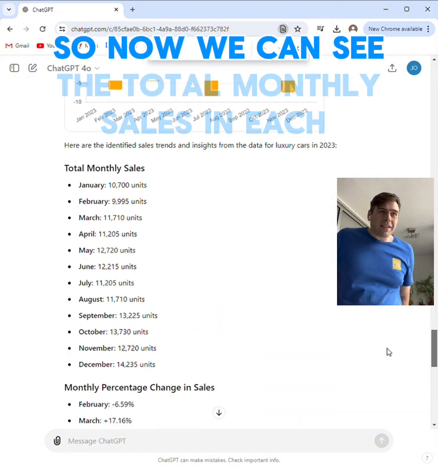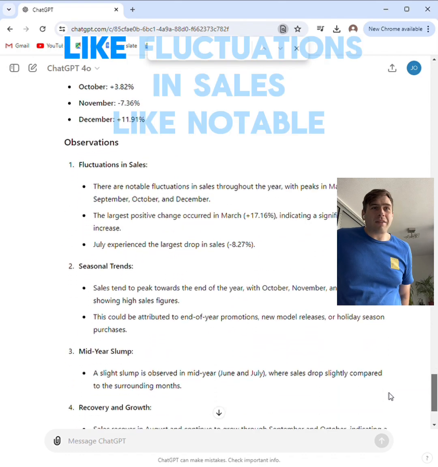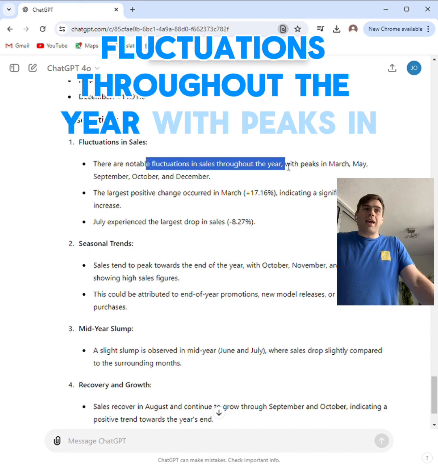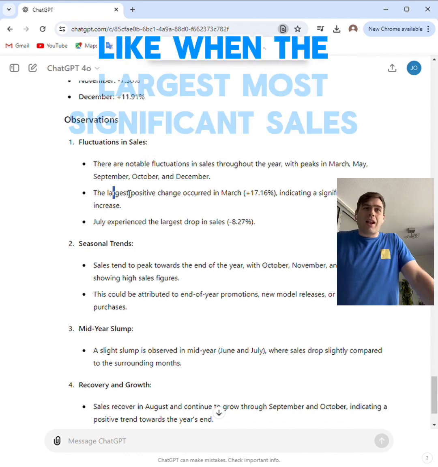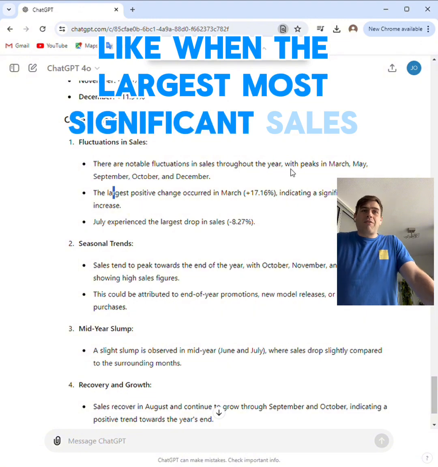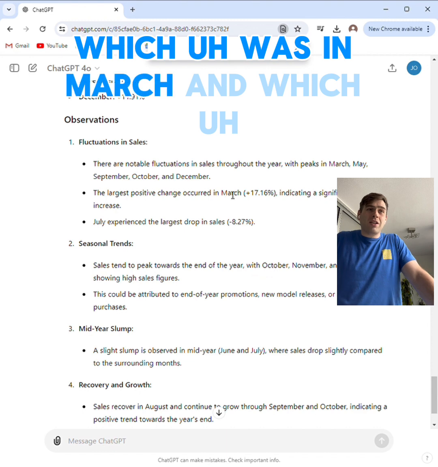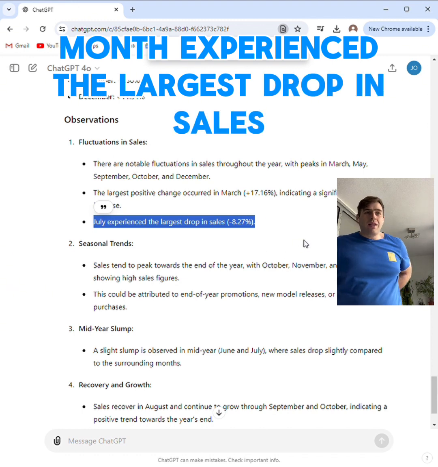So now we can see the total monthly sales in each quarter, and notable fluctuations throughout the year, with peaks in March, May, September, October and December. The largest, most significant sales increase occurred in March, and we can see which month experienced the largest drop in sales.